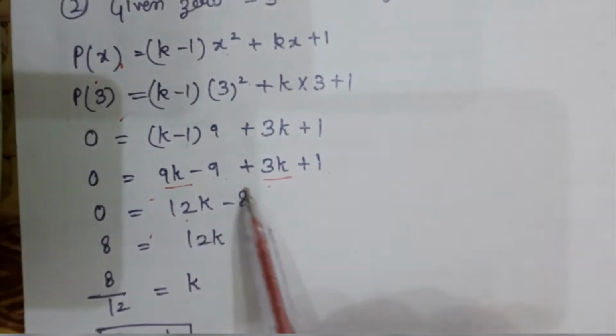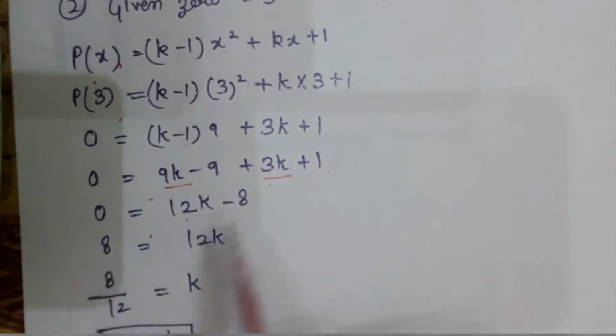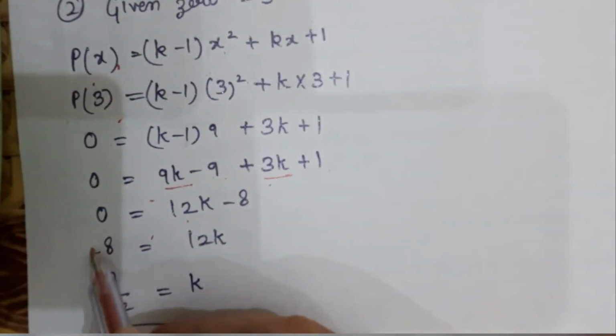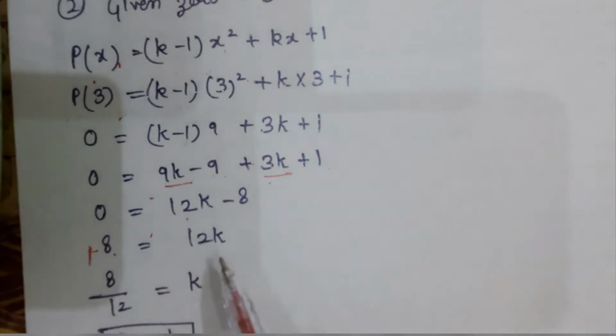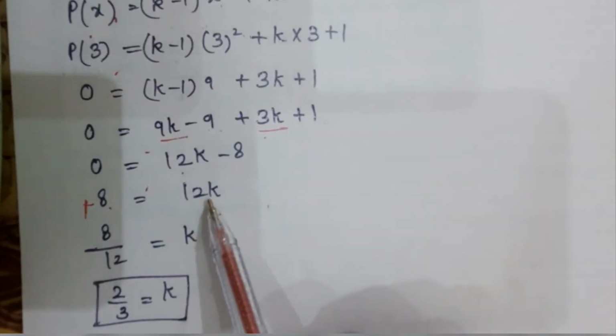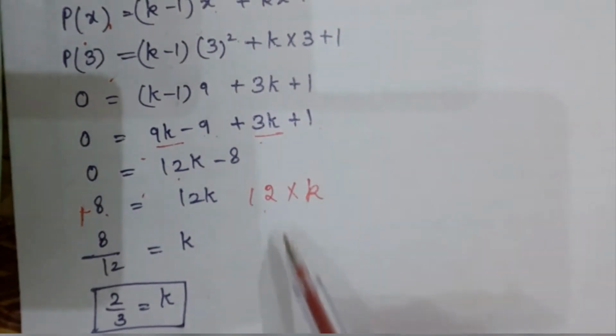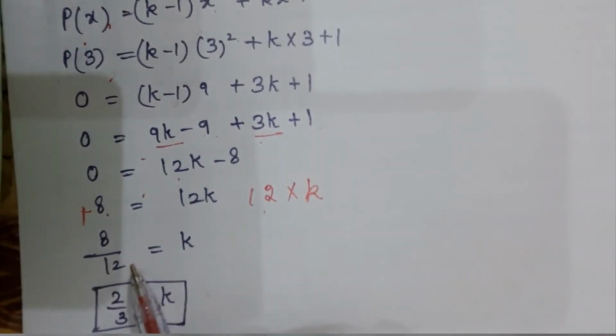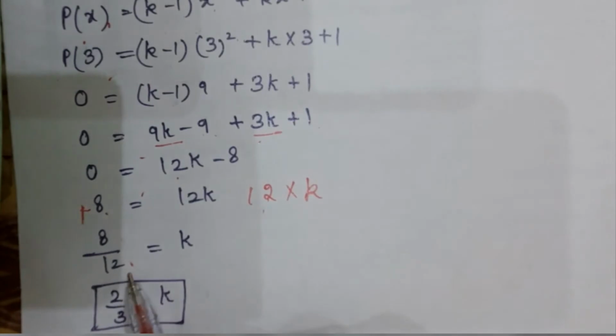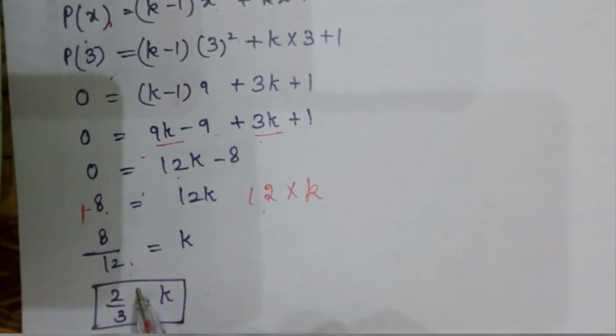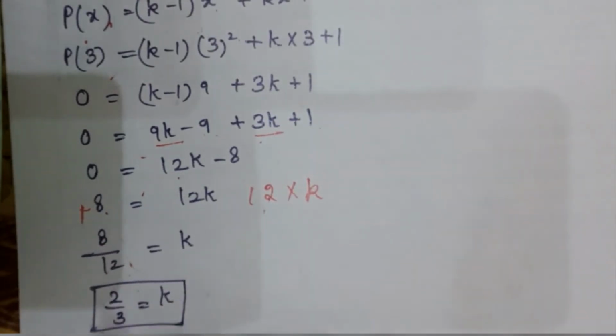Now we take minus 8 to the left side, the sign changes and it becomes positive, so 8 equals 12k. Since 12 is multiplied with k, we take 12 to the other side in division, so 8 upon 12. We divide by the table of 4: 4 twos are 8 and 4 threes are 12. So k will be 2 by 3.